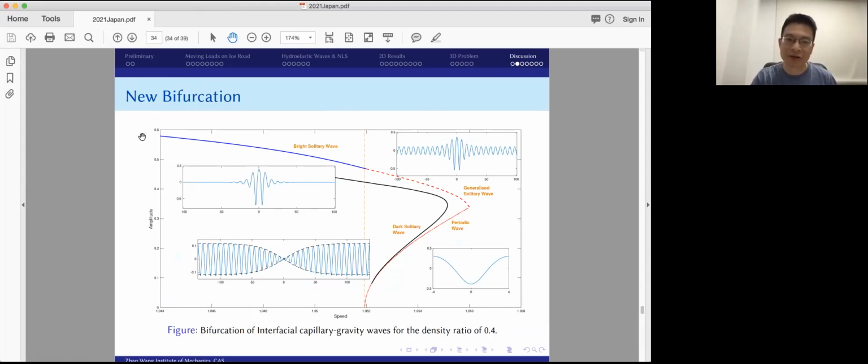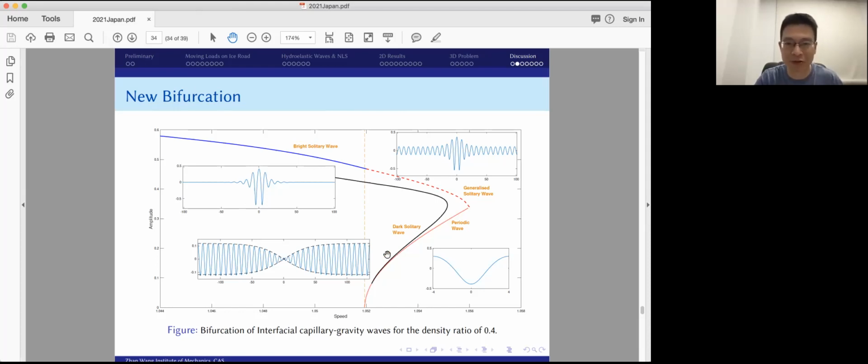The bright solitary wave doesn't bifurcate from zero amplitude; it bifurcates from generalized solitary waves, and generalized solitary waves bifurcate from periodic waves. And the system can also support the dark solitary waves. And once you have one example, you have more examples. So recently I found more.